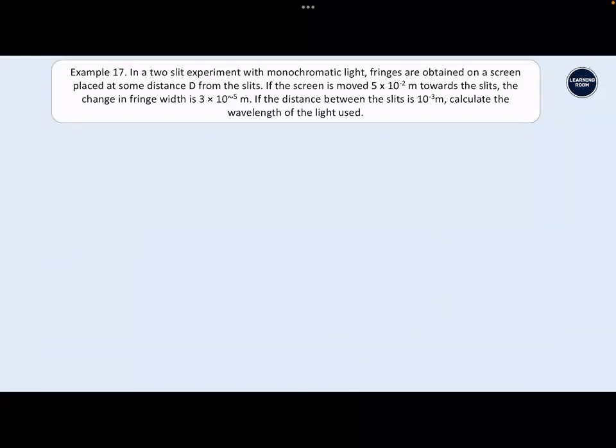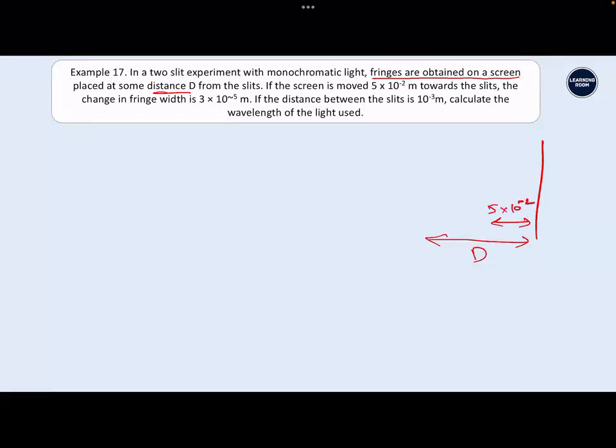In a two slit experiment with monochromatic light, fringes are obtained on a screen placed at a distance capital D from the slits. If the screen is moved 5 into 10 power minus 2 towards the slits, the change in fringe width is 3 into 10 power minus 5.